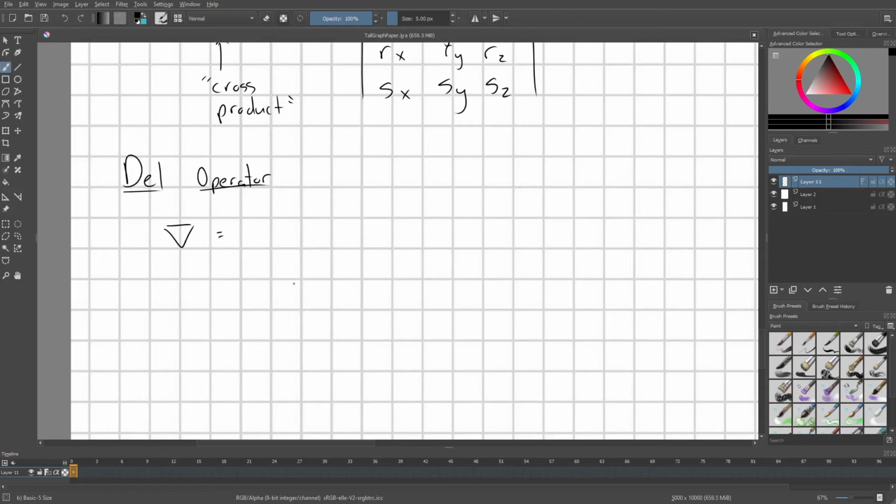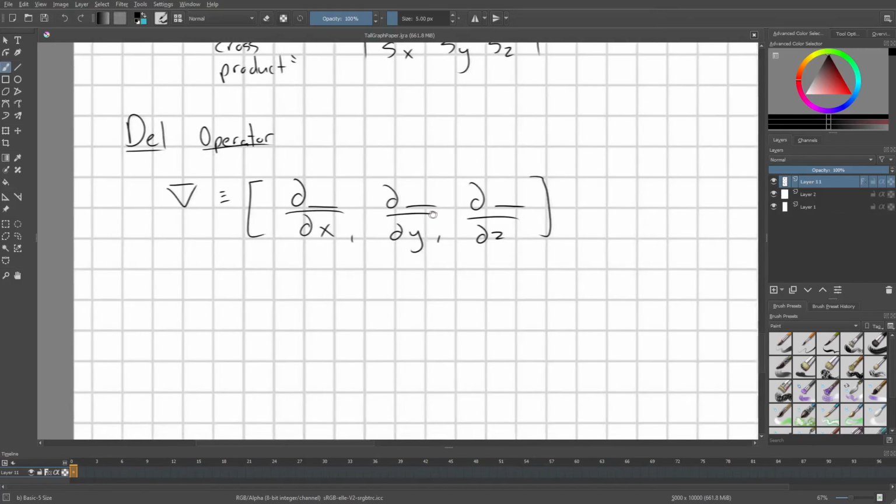So let's say that my components of my function are still x, y, and z. Then this del operator would be defined like this: partial derivative of something with respect to x, partial derivative of something with respect to y, partial derivative of something with respect to z. Those somethings depend on how this del operator is used.